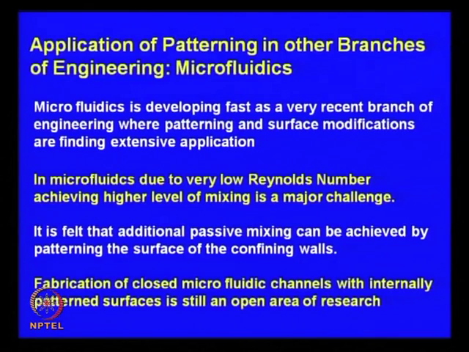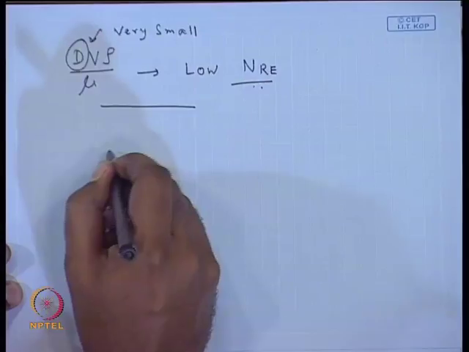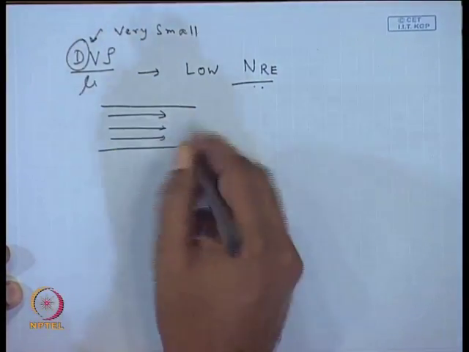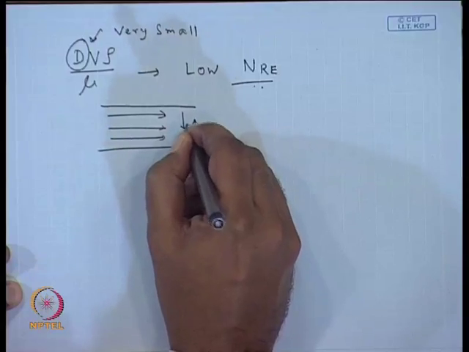So, what is theoretically predicted, and very little experimental evidence is available as of now, is that additional passive mixing can be achieved by patterning the surface of the confining wall. So, essentially you have laminar flow because of low Reynolds number, so the nature of the flow is streamlined. So, there is no lateral or transverse mixing.